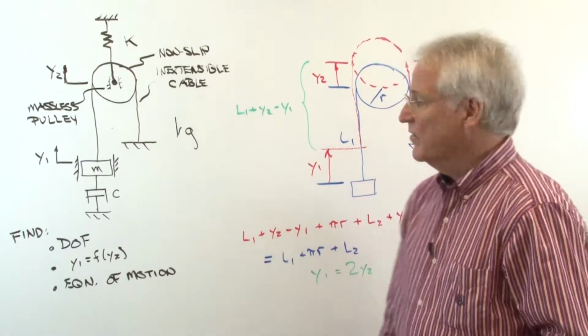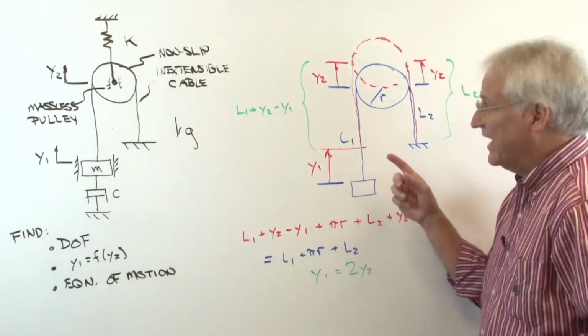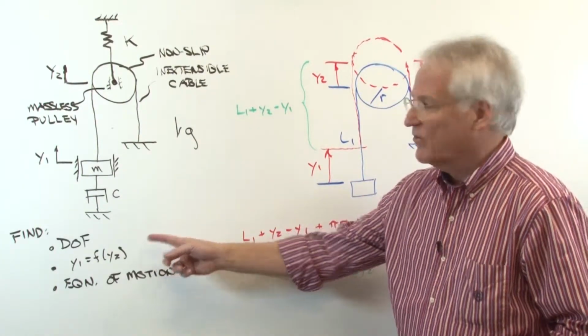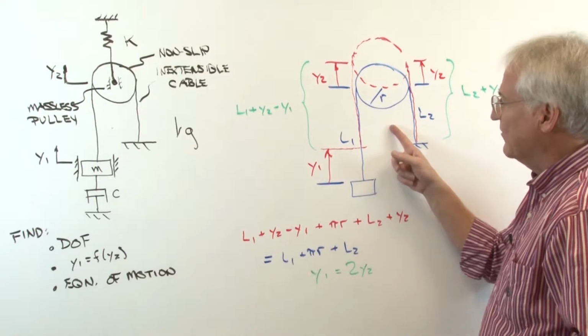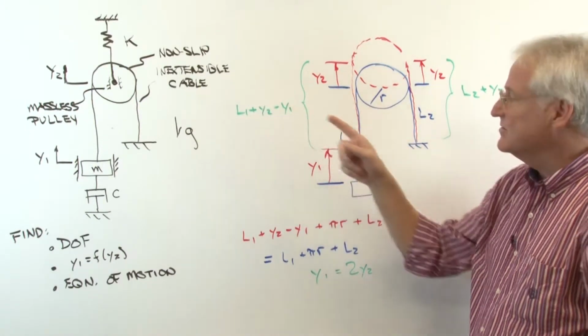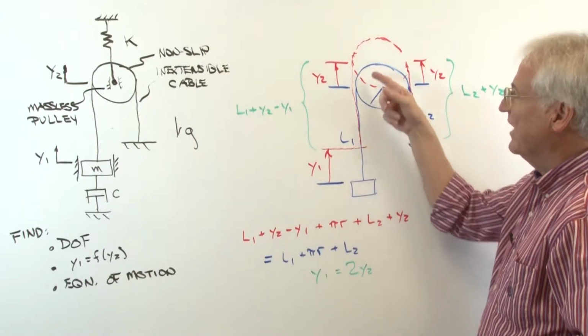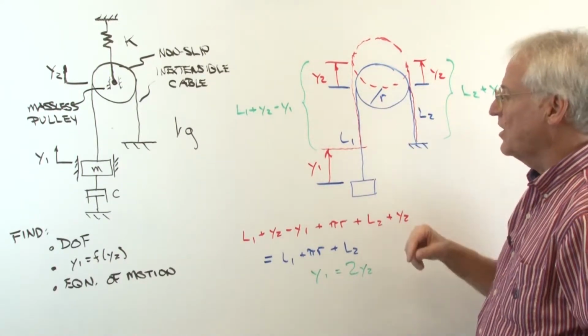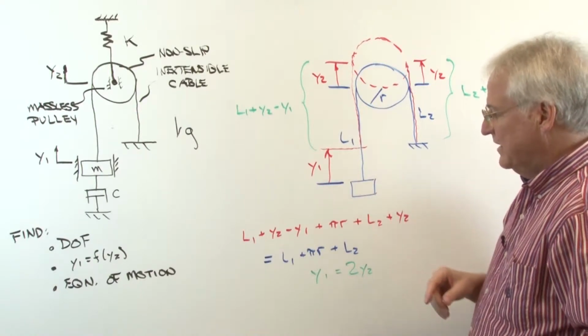So, the second part of the problem, to identify how Y1 and Y2 are related, consider this diagram. In blue, I have simply replicated the original diagram, and in red, illustrated a hypothetical motion of the pulley and the mass.